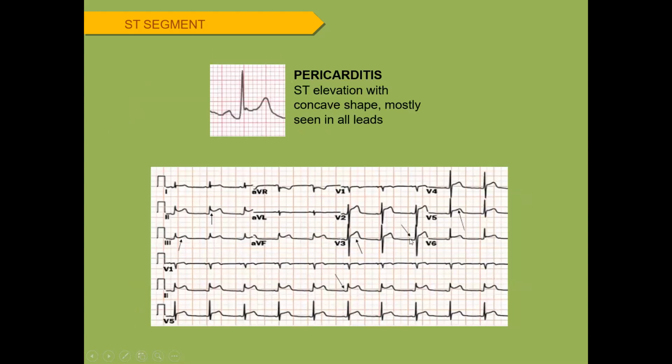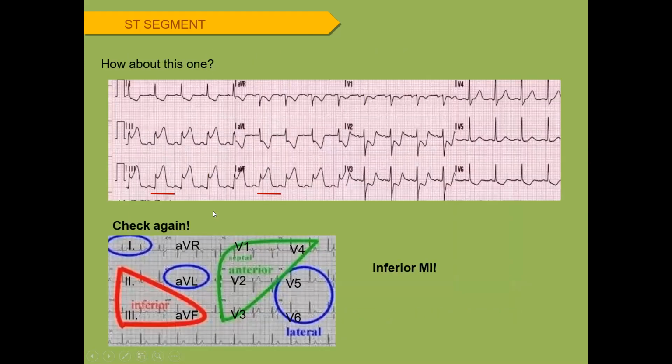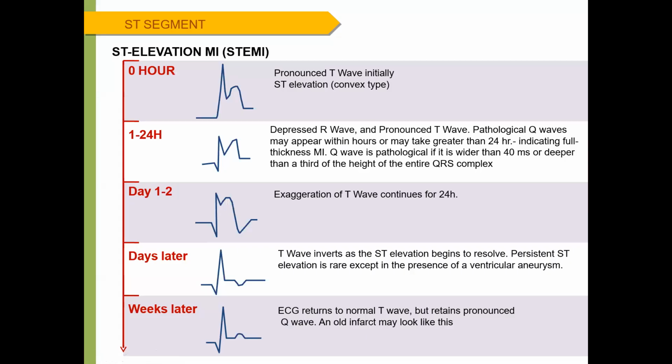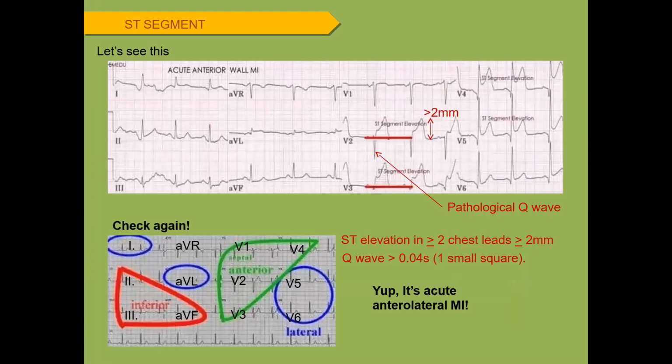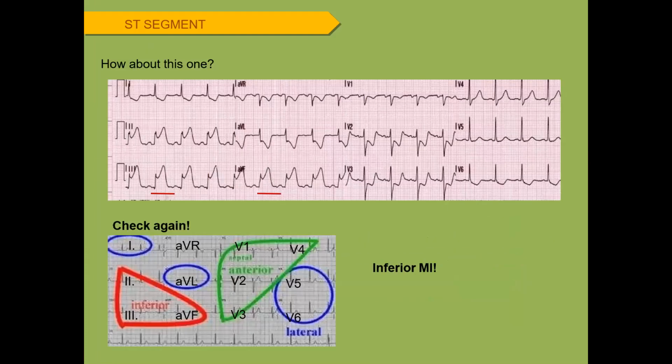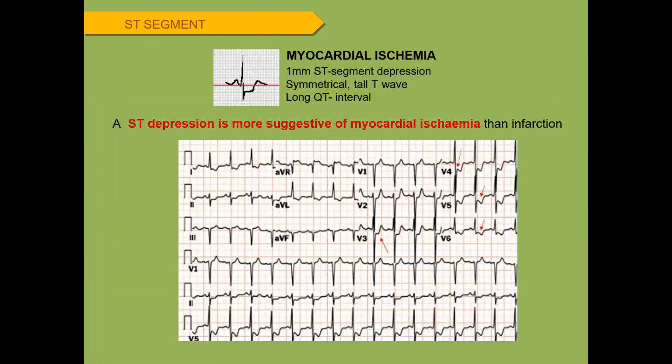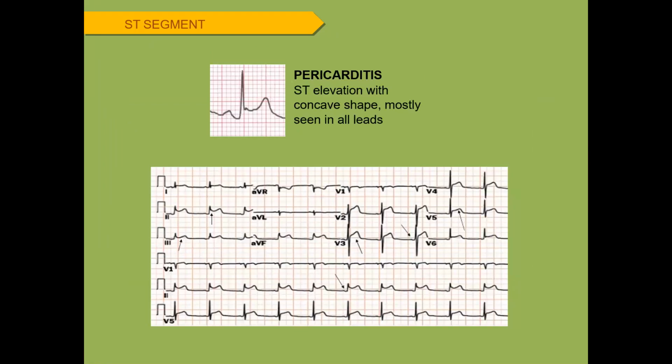Now pericarditis is also a cause of ST segment elevation, but one of the important things to differentiate between them is the concavity of the ST segment elevation. In MI, you have seen that the ST segment elevation has convexity upwards, but in pericarditis the ST segment is elevated and the upper part is concave.